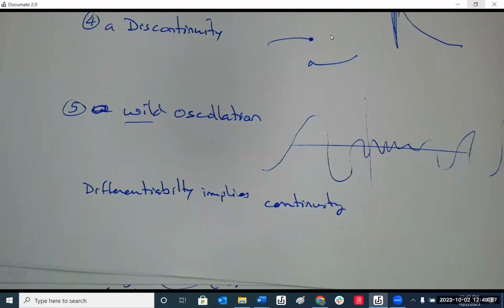In other words, if a function is differentiable, then we know it has to be continuous. Can we say the other way? Can we say if a function is continuous, it has to be differentiable? Why not?